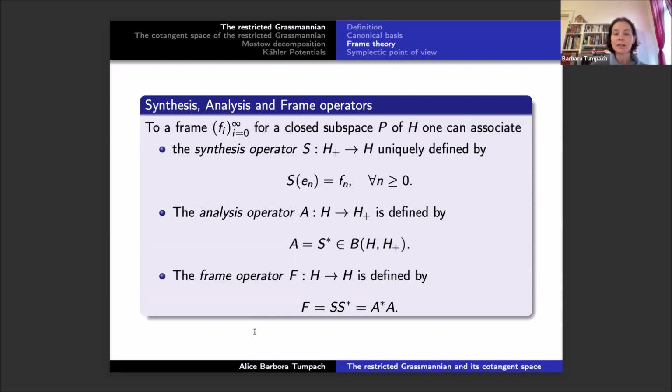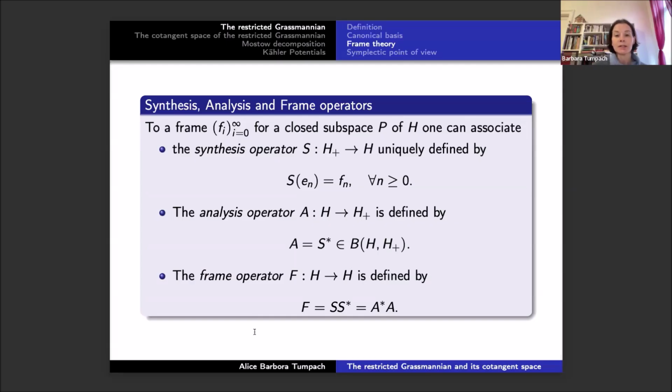The synthesis operator will map any element of the basis En of the initial space H plus to the corresponding Fn of the sequence.